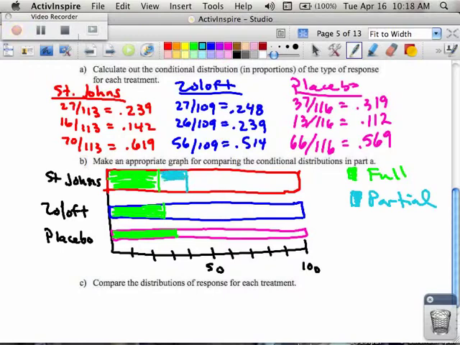If I put those two together, because 24% and 14%. And then for Zoloft, that was another 24%, so now I'm at 49. And for the placebo, there was another 11%, so that's at 43 roughly.